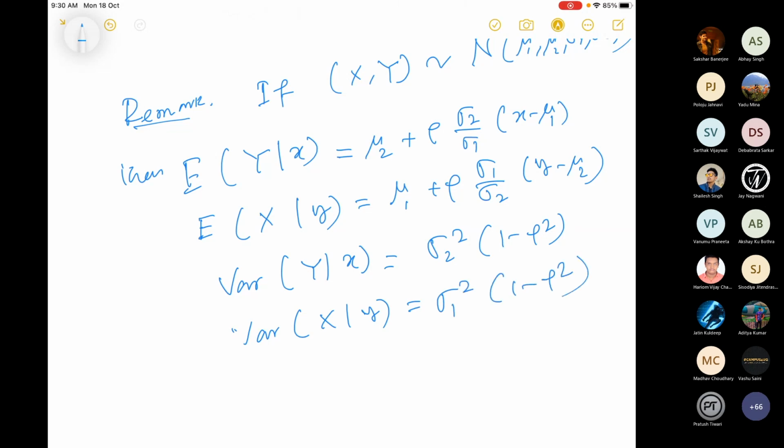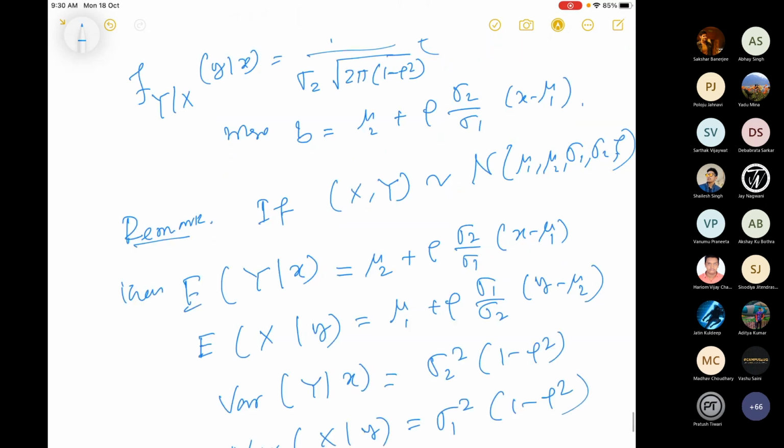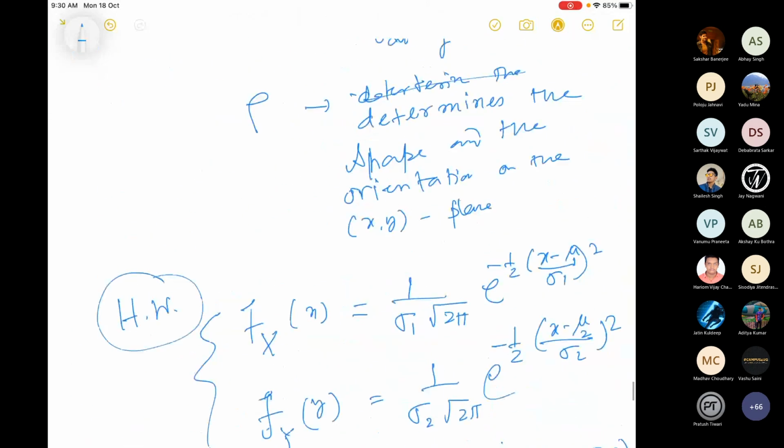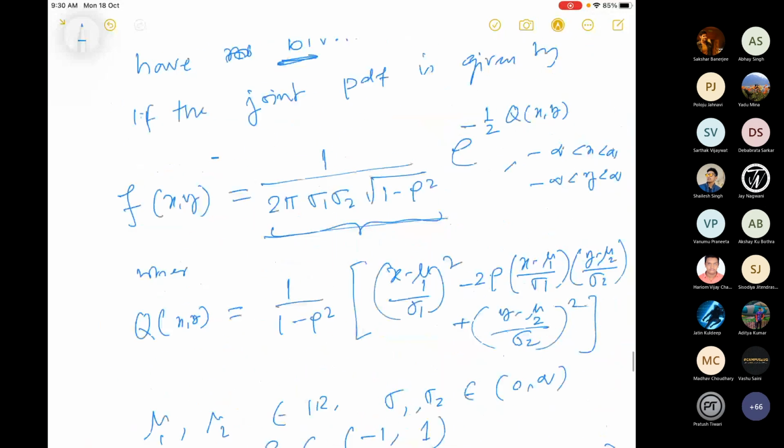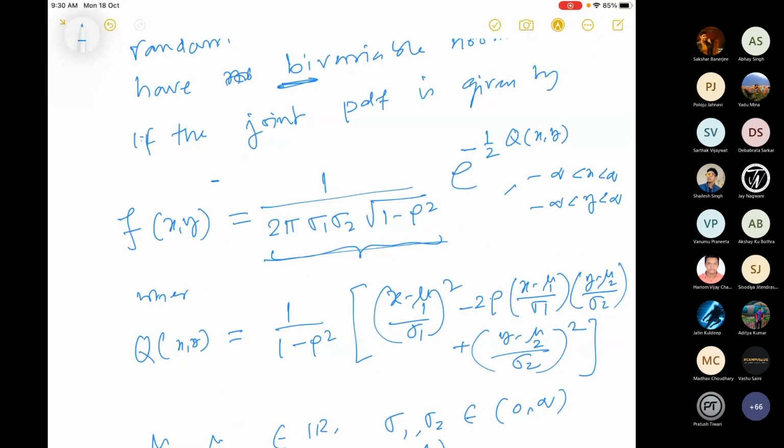So when X, Y have a bivariate normal distribution, then the marginals are also normal. What about the converse? The way we derived it is that we first defined the PDF for the bivariate normal. And why is it called normal?